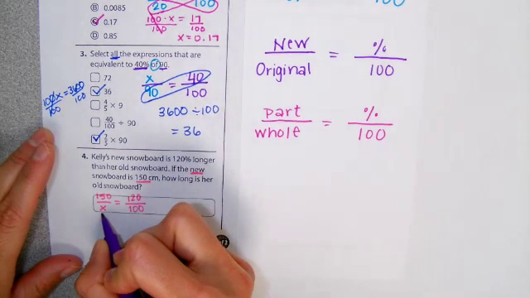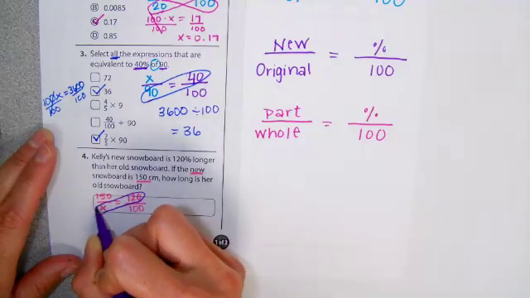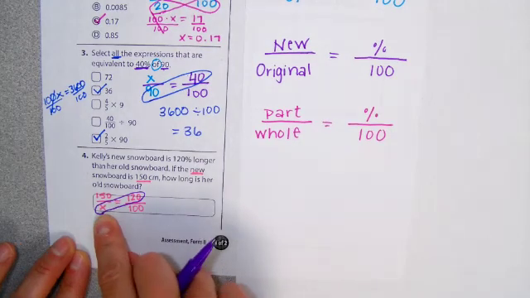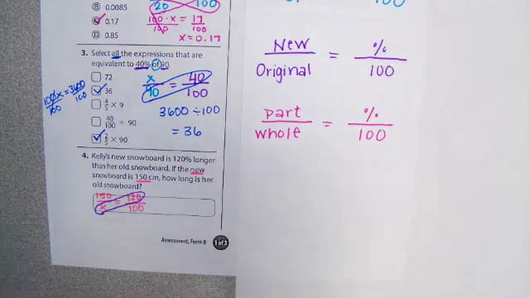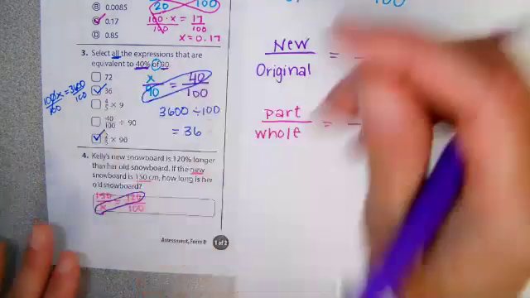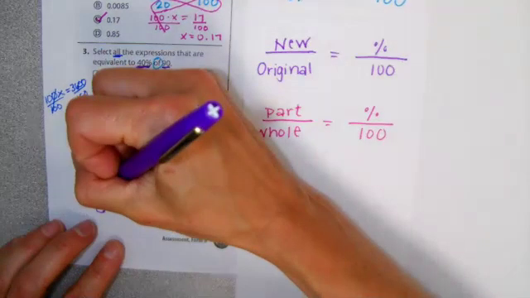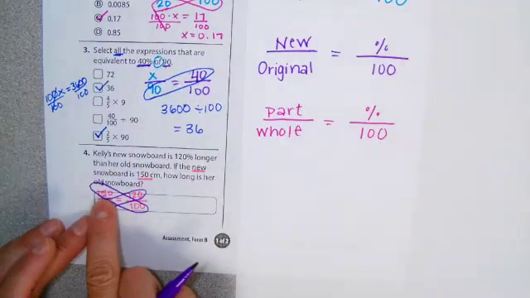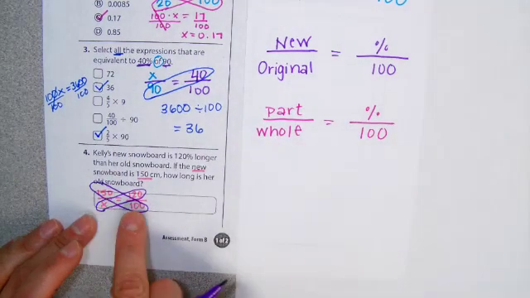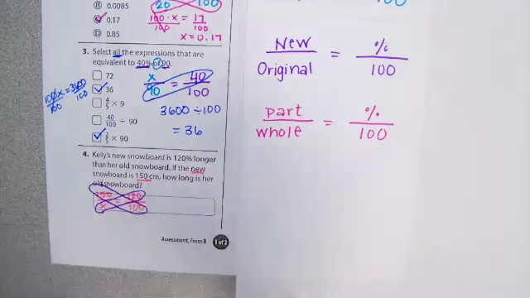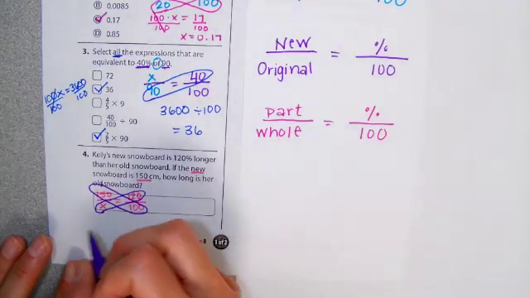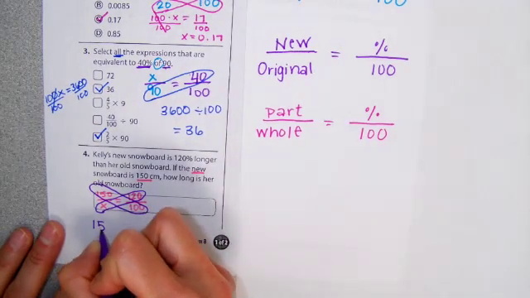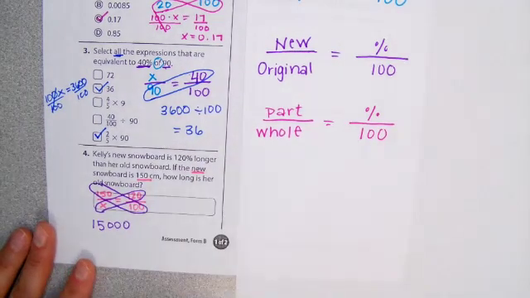If I go across diagonally, that's 120 and x, and I don't know what x is, so I can't multiply that and get a number right now. What about 150 and 100? Yes, I can multiply that. You can do that in your head or use your calculator. 150 times 100 gives you 15,000.